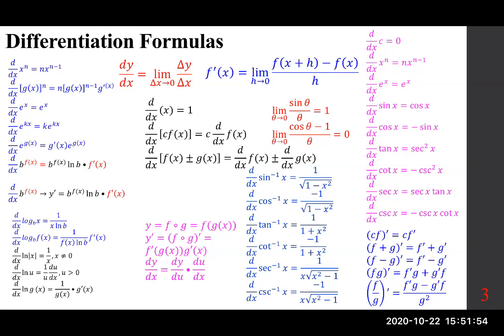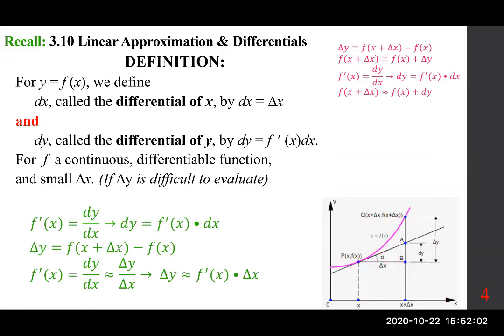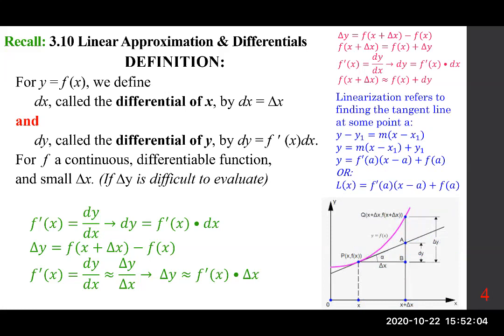So we looked at differentials, and the idea of delta y versus dy, and then how f of x plus delta x, which is precisely f of x plus delta y, can be approximated by this.